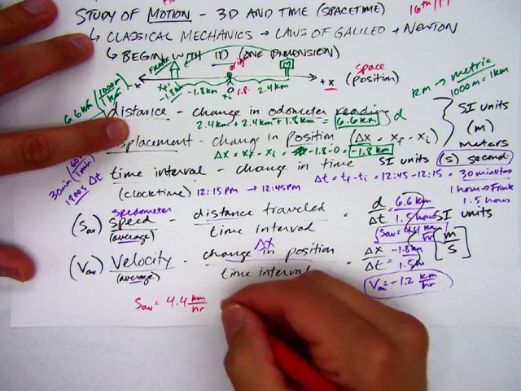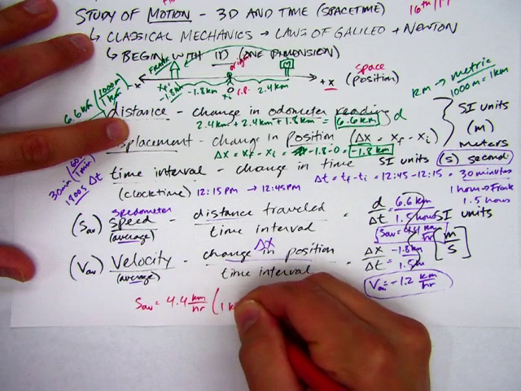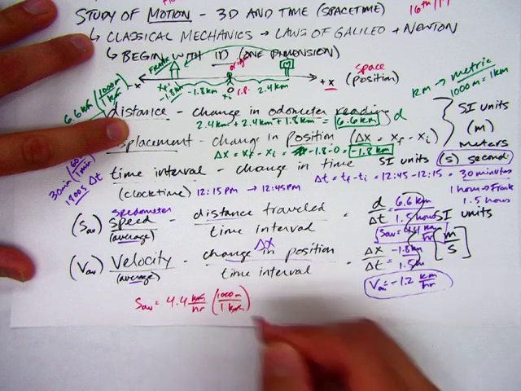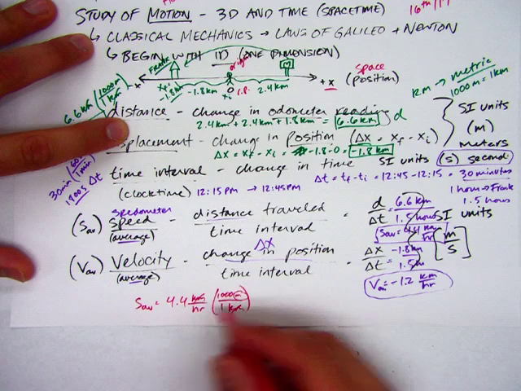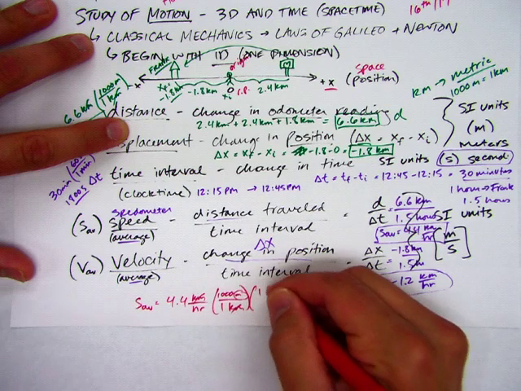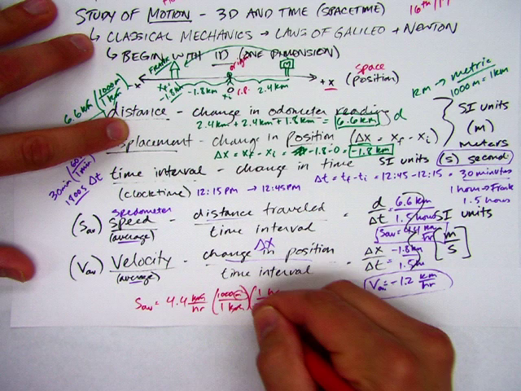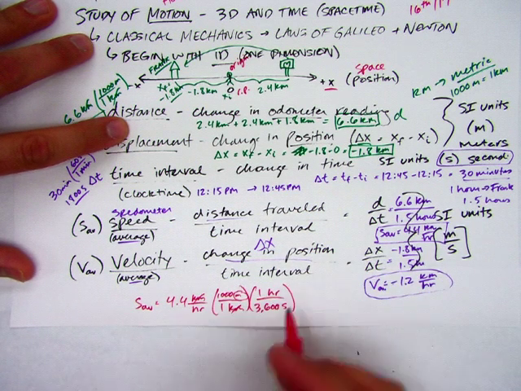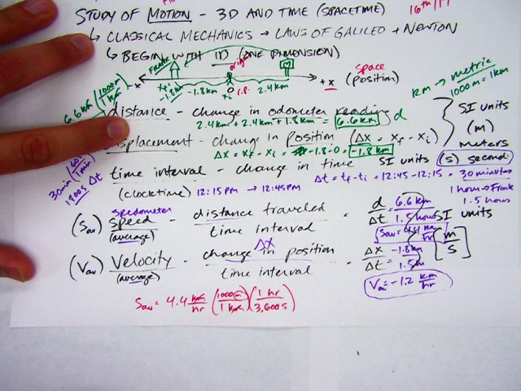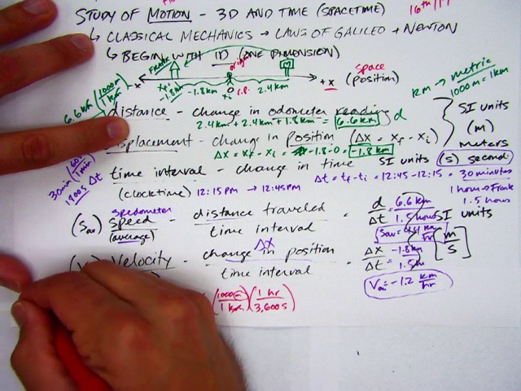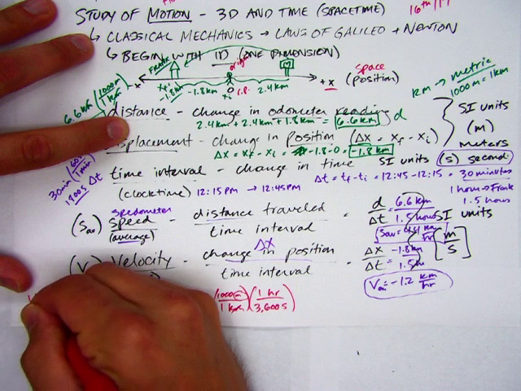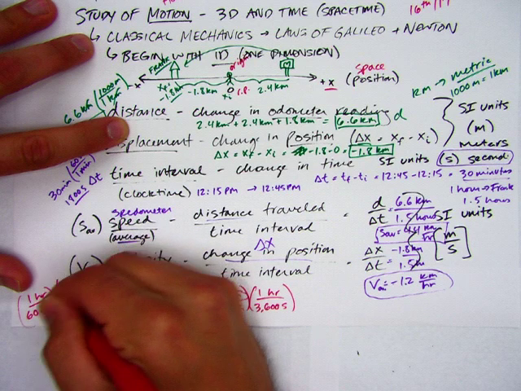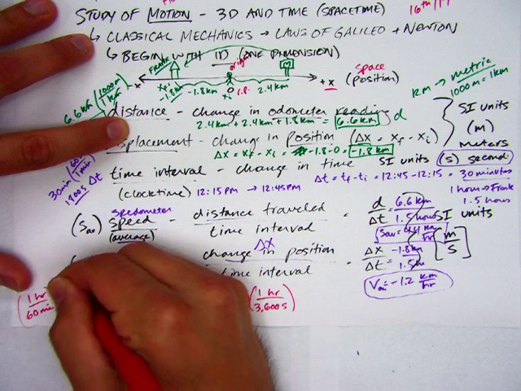I want to go from kilometers to meters, so I know that 1 kilometer is 1,000 meters. That gets me into meters. And I know that 1 hour has 3,600 seconds. Something to definitely know. How do I know that? Well, to go from hours to minutes, minutes to seconds, 1 hour is 60 minutes, 1 minute is 60 seconds.